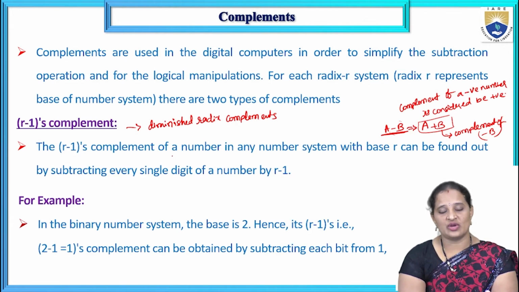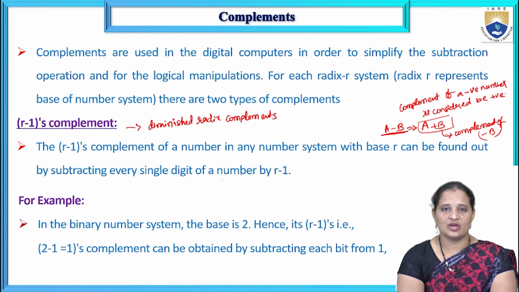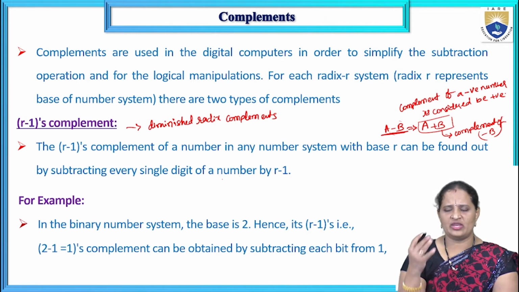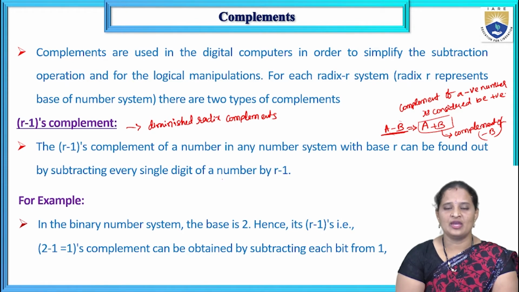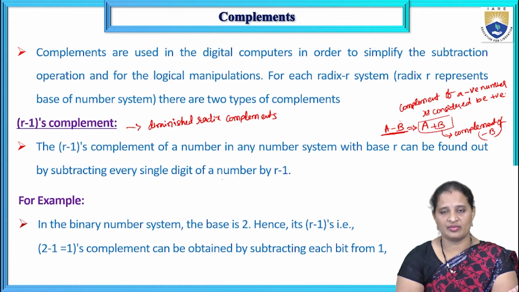The r minus 1's complement of a number in any number system with base r can be found by subtracting every single digit of the number from r minus 1. We have so many number systems with base r, right? So for any number system, the r minus 1's complement can be obtained.